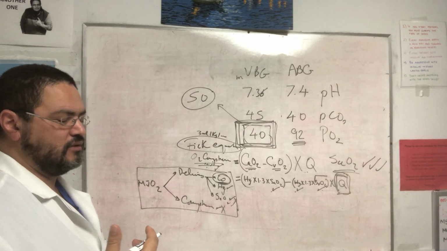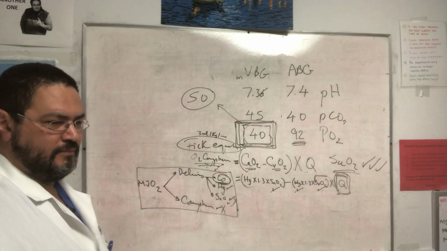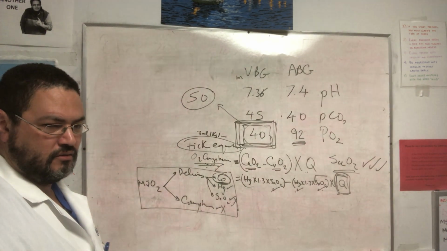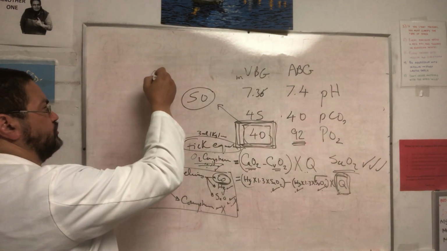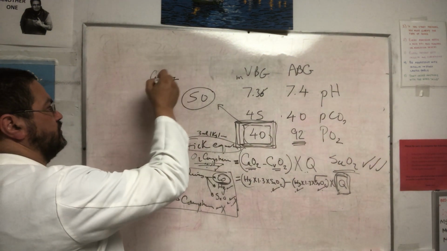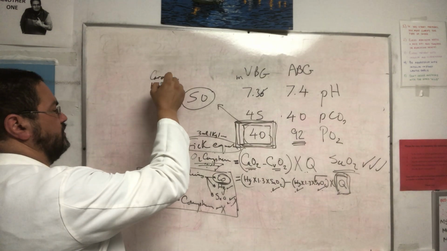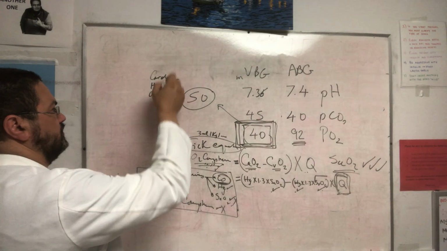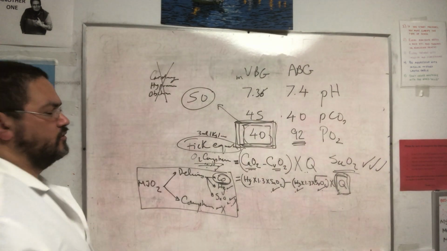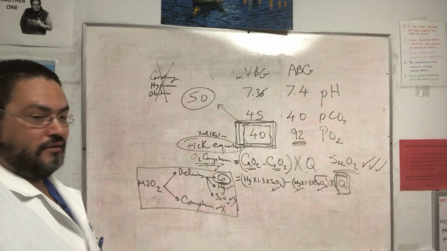I don't like it, but it's an easier diagnosis when you have a high VBG, because that tells you that you can rule out cardiogenic shock. You can rule out hypovolemic and hemorrhagic shock. The same, and obstructive shock. These all are ruled out just by a high VBG.